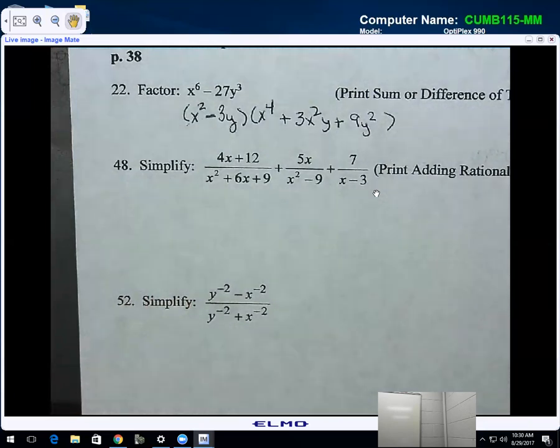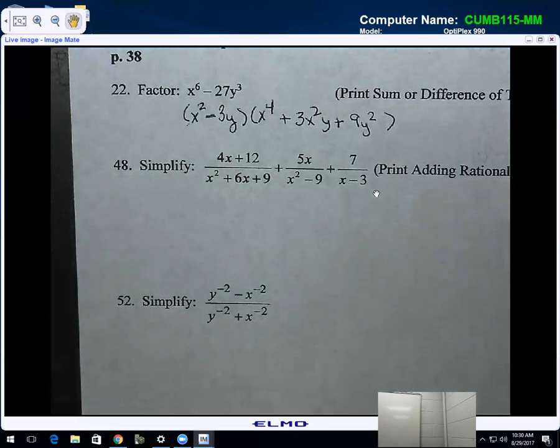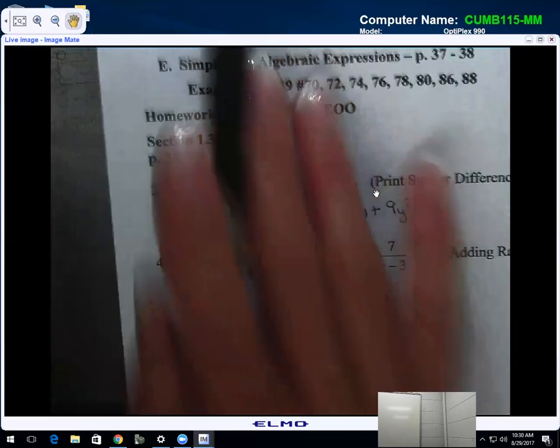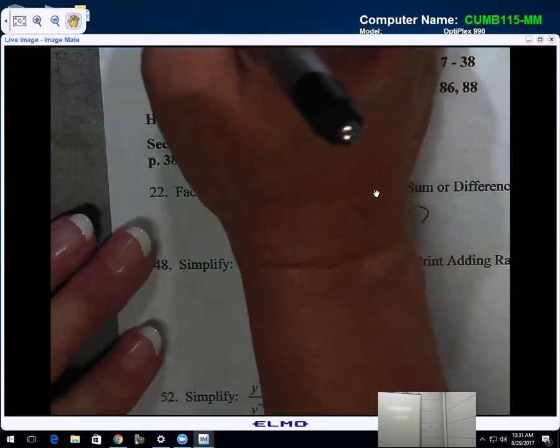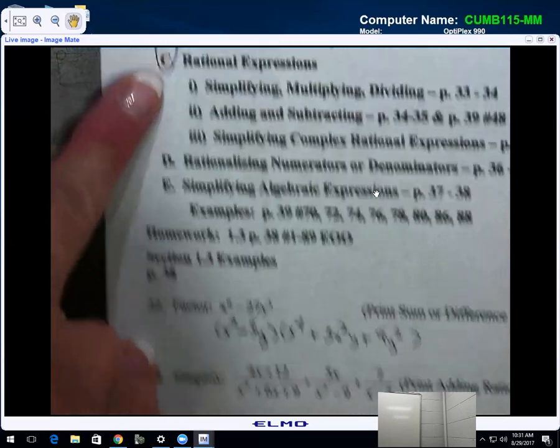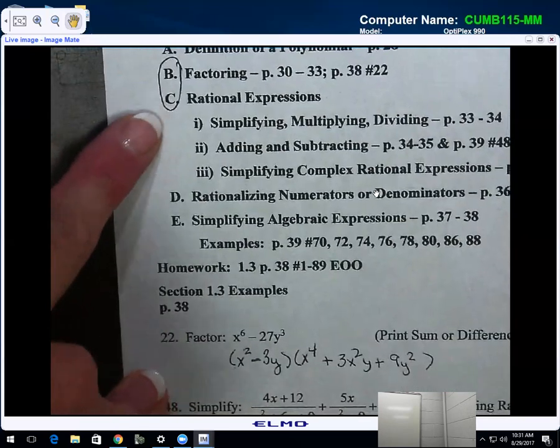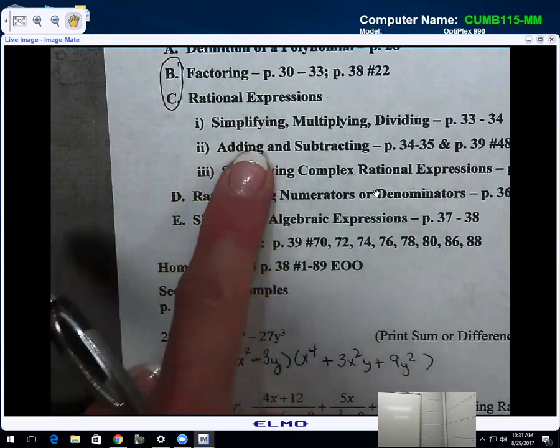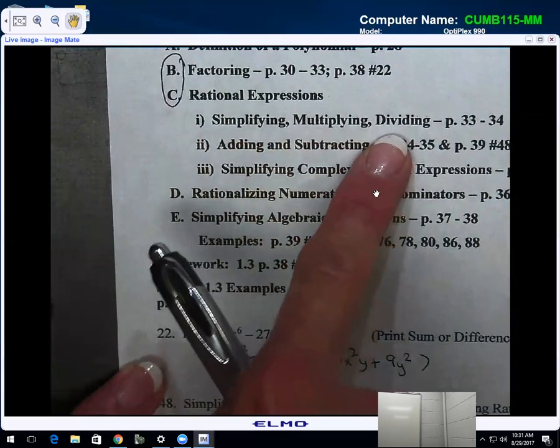All right. So that's all the factoring we have time to do. Let's talk about rational expressions. These are 2 of the biggest things you need to be good at in calculus. So adding, simplifying, multiplying, and dividing fractions.